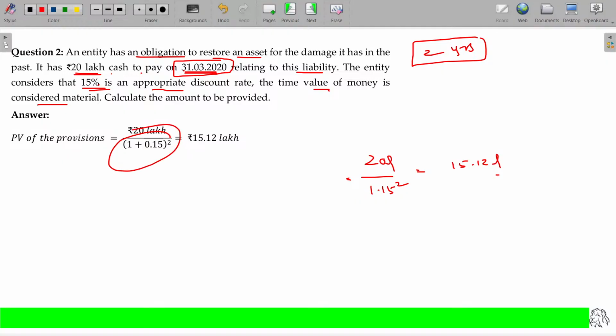Is that clear? 2 years is missing in the question. Cash to pay by 2 years, not on 31/3/2020.